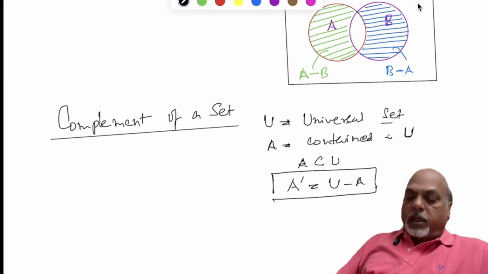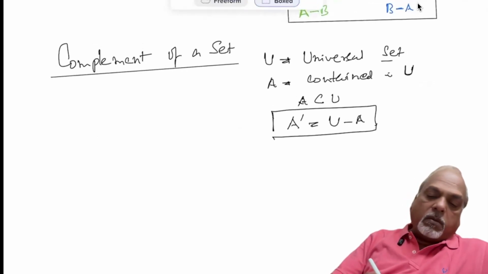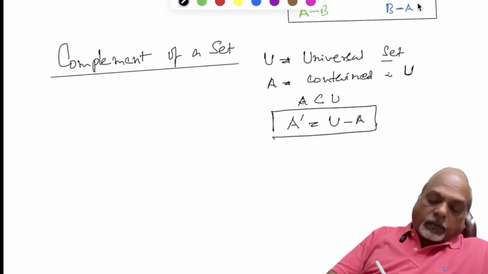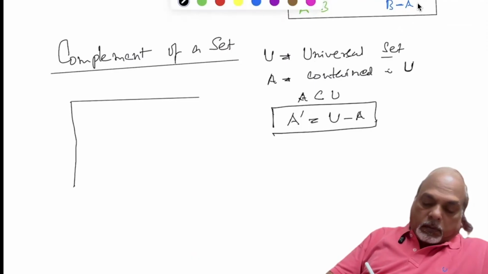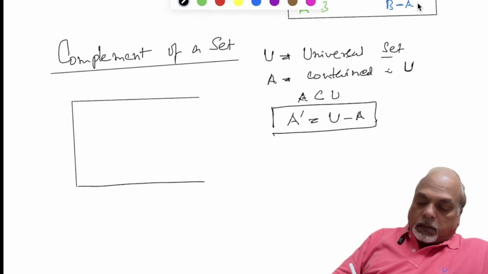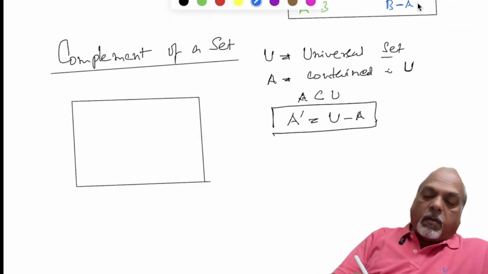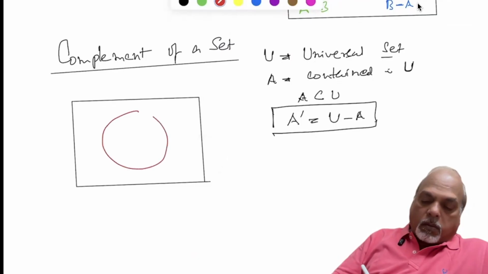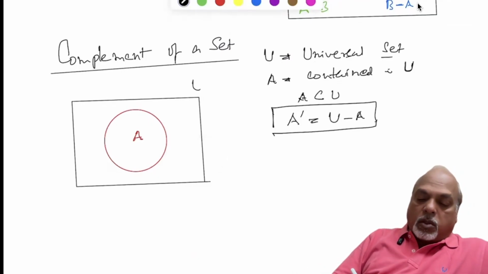Here we can see in the Venn diagram, suppose you have a set A and this is your U. Then what is this portion?